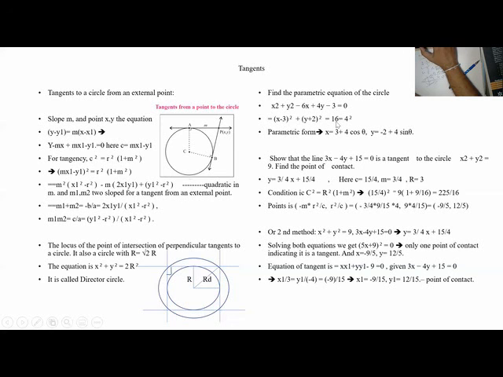What is r square? g square plus f square minus c. 3 square is 9, f square is 4, 9 plus 4 is 13, minus c, that is minus minus 3 plus 3, gives 16. So r square is 4 square. So what is the parametric form? 3 plus r cos theta, that is 3 plus 4 cos theta, and minus 2 plus 4 sin theta. So this is the parametric form.